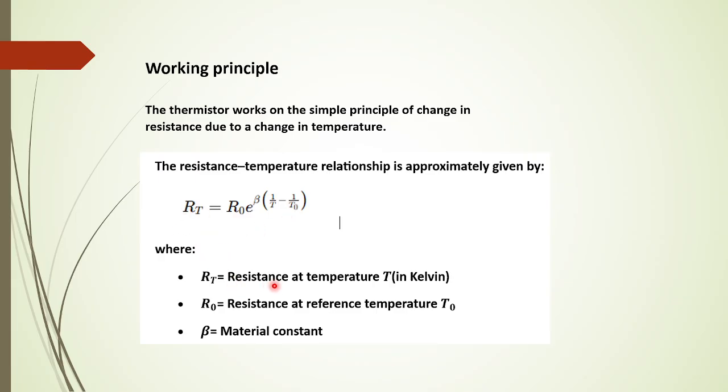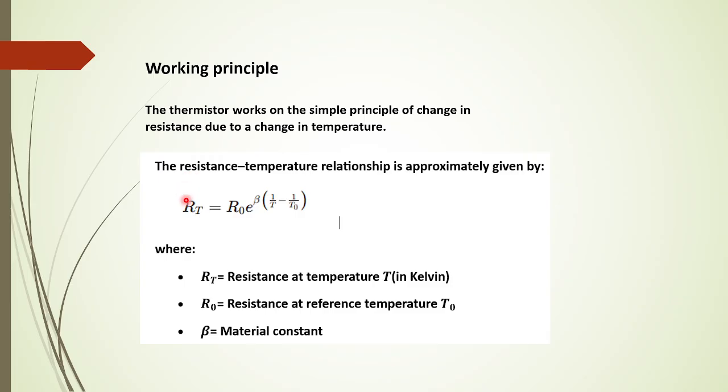RT is the resistance at temperature T, R naught is the resistance at reference temperature T naught, and beta is a constant. So in this working principle, the resistance value will change depending upon the surrounding temperature. If the temperature varies, the resistance also varies. Finally, this resistance can be measured by using a simple bridge circuit.